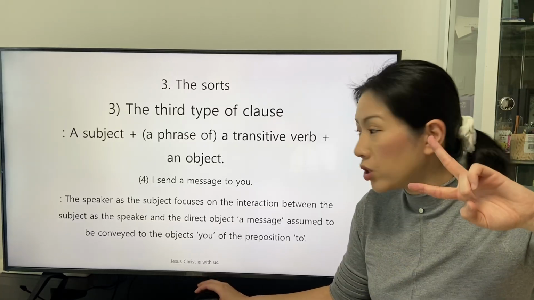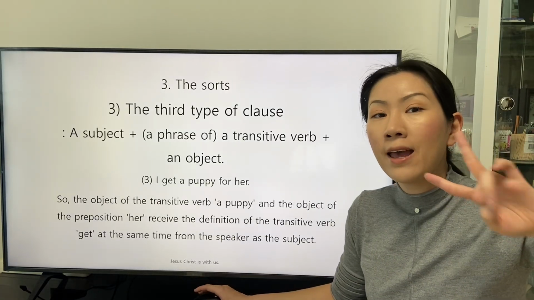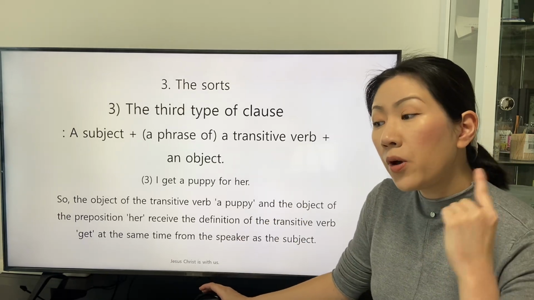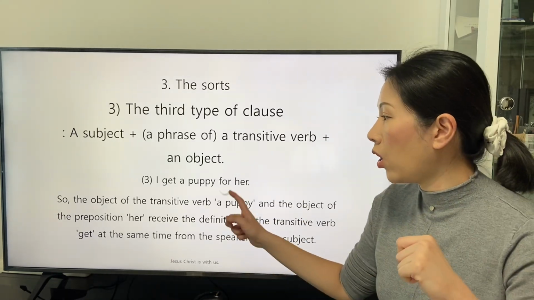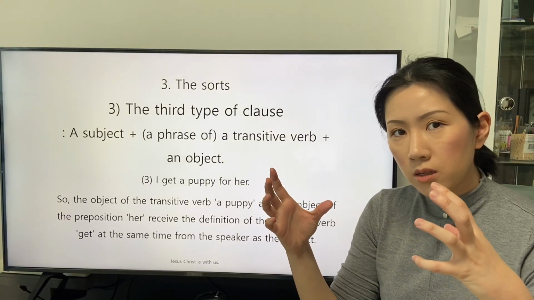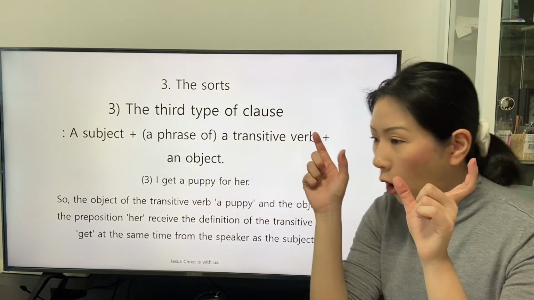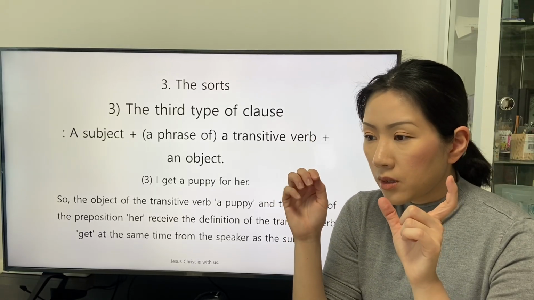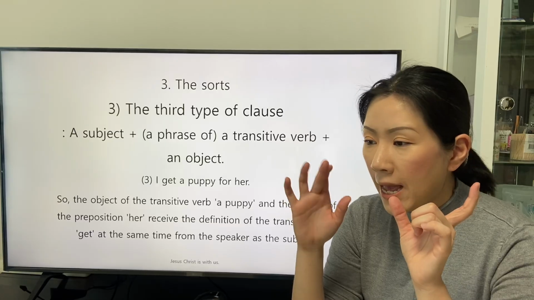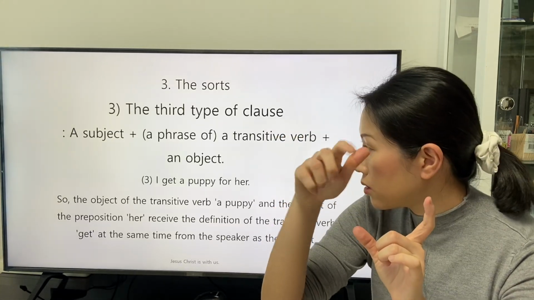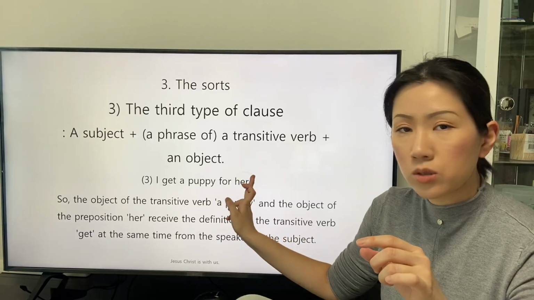These two prepositions have the same definition, but the point is that the preposition for sets the object of the preposition as the concurrent purpose of the existence of the subject. Concurrent purpose.